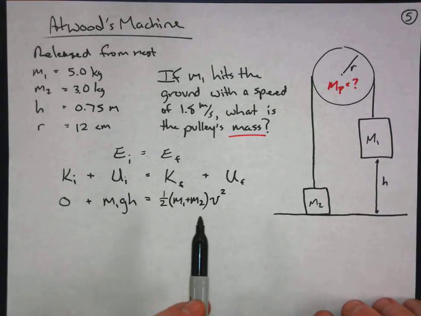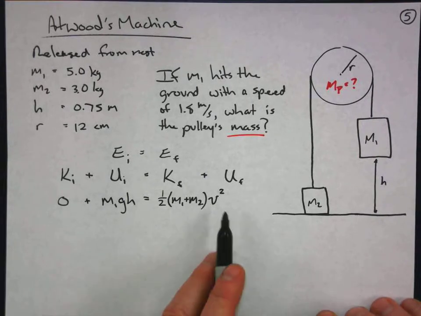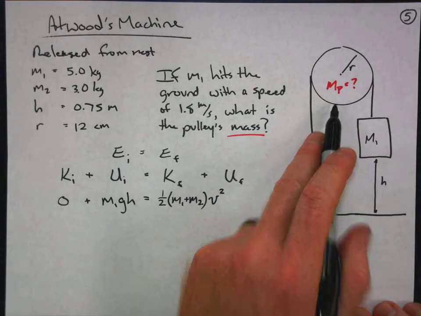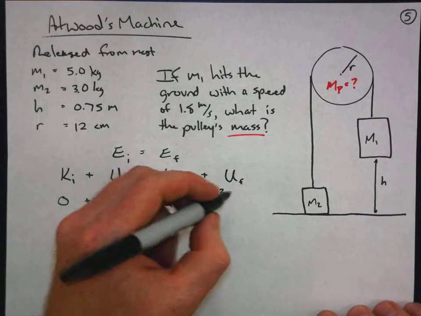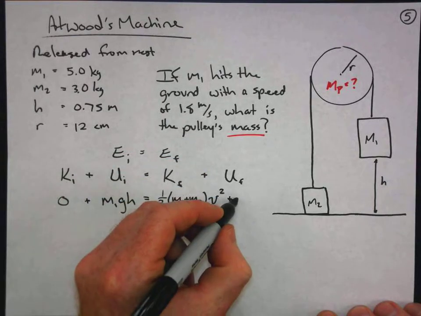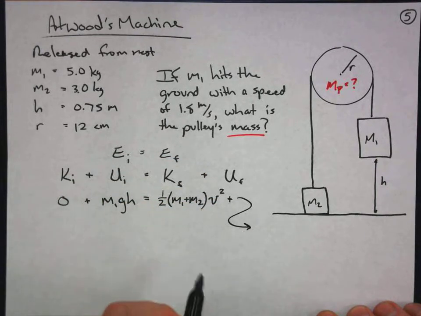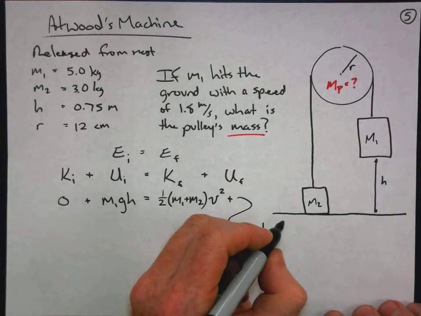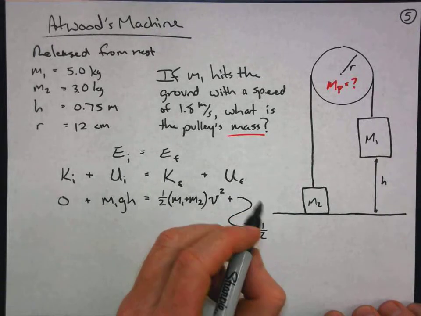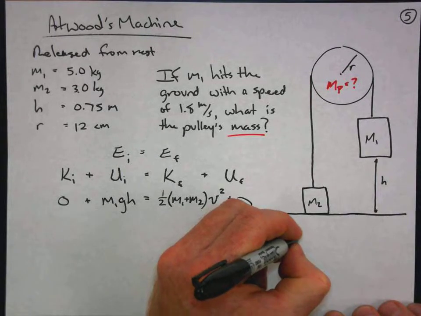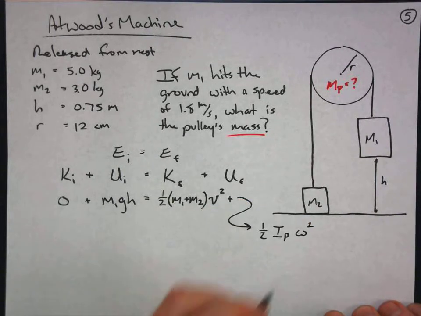And now there's a term, I'm going to run out of space here, I'm sorry. There's a term for the kinetic energy of the rotating pulley. I'm going to add, and I'm going to just extend this down here. Kinetic energy of the rotating pulley will be 1/2 times the moment of inertia of the pulley times the angular velocity of the pulley squared.